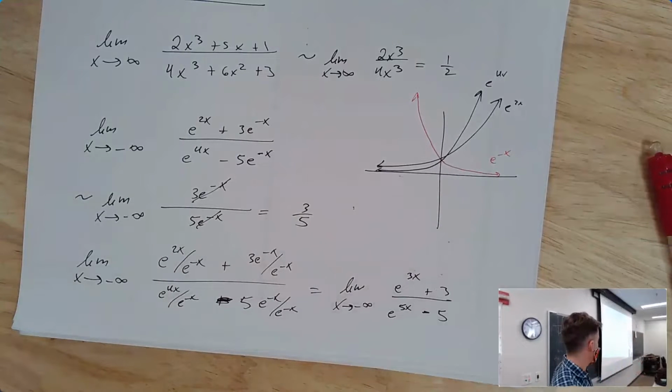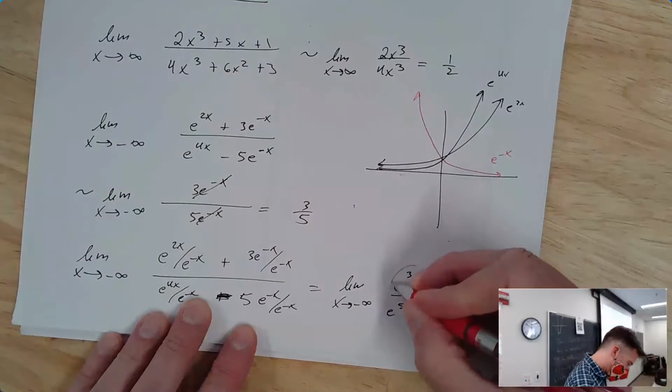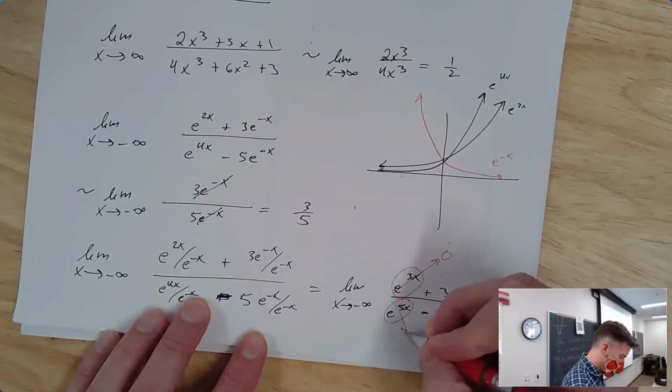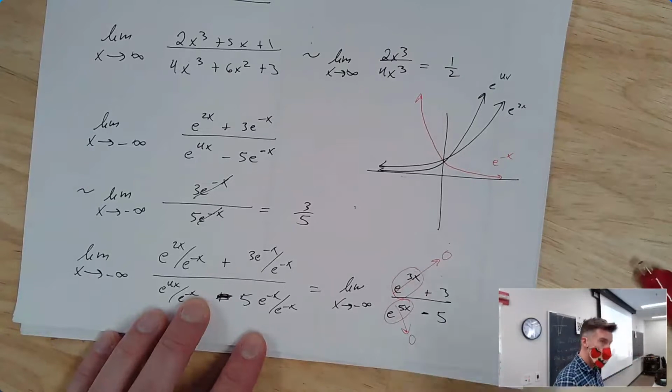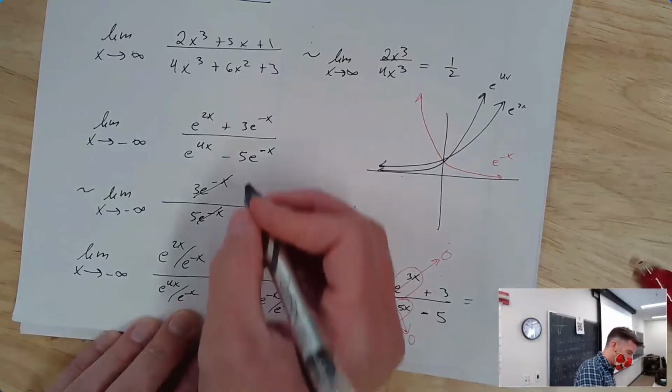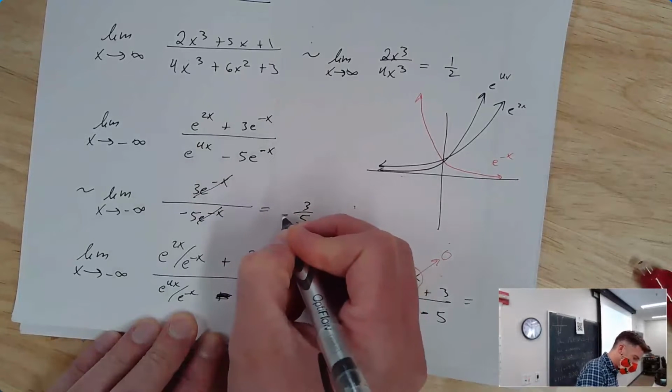And as x goes to negative infinity, that goes to 0. That goes to 0. Get negative 3/5. Sorry, I forgot the negative sign here. I apologize.